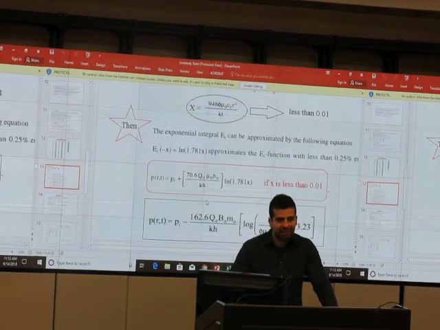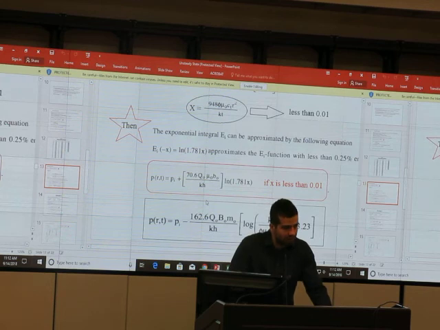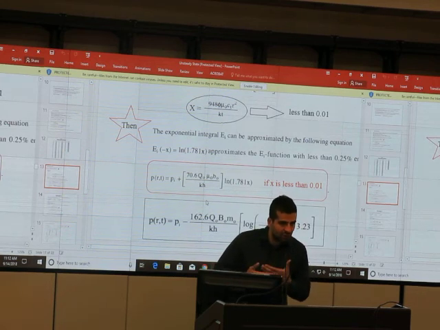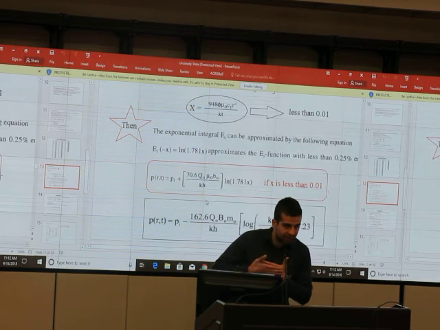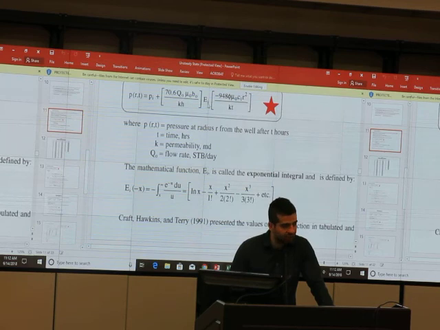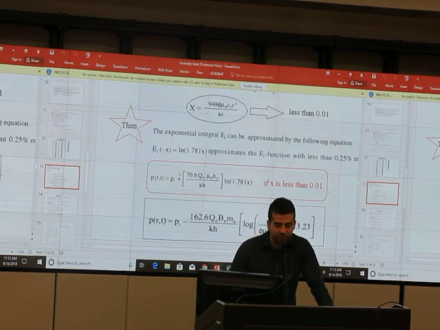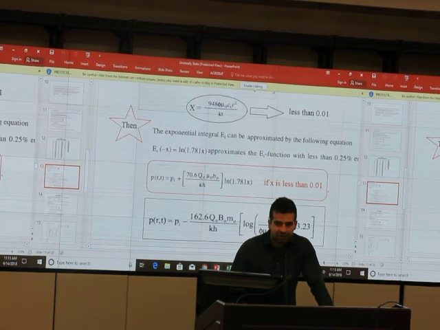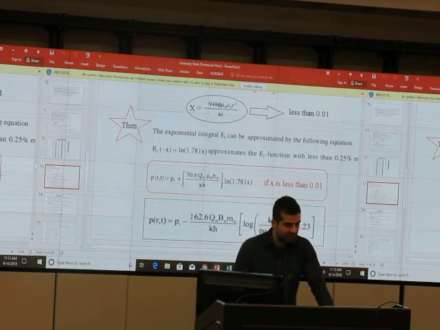So basically, you can say if rw is small, or r is small, which is the distance from the well. So if you're talking about the well, of course, it is very close to the well. The format of your Ei function can be converted to something very easy to use, which is this function. This is a logarithmic format. This function is the benchmark condition or formula that you can use for your drawdown test.